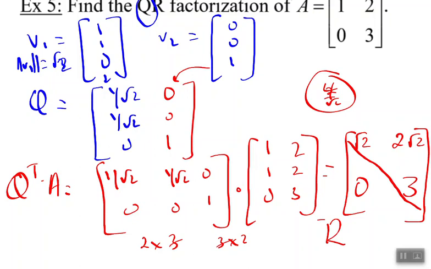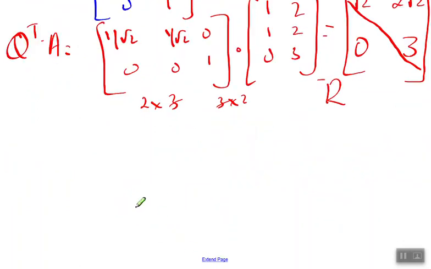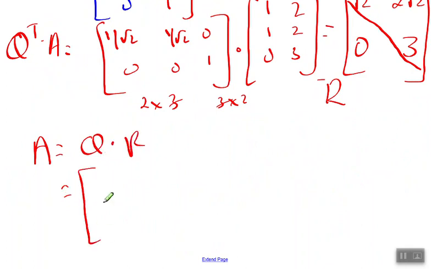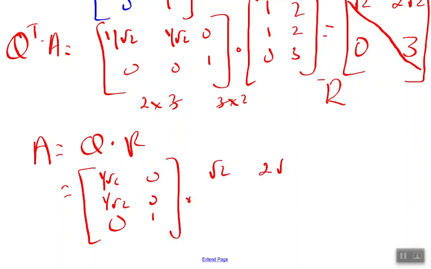So the QR factorization, so we're saying that A is equal to Q times R. Q is 1 over rad 2, 1 over rad 2, 0, 0, 0, 1, times R. R is rad 2, 2 rad 2, 0, and 3.